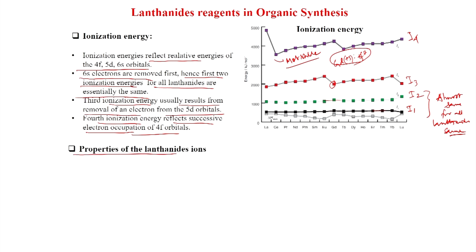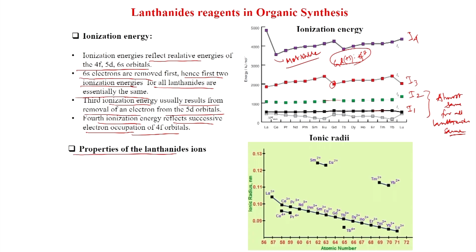Now, properties of lanthanide ions. There is a sharp decrease in the ionic radius for +3. Here we have seen +3, and also +4 and +2. In all cases, if you go along the lanthanide series, the ionic radius sharply decreases.